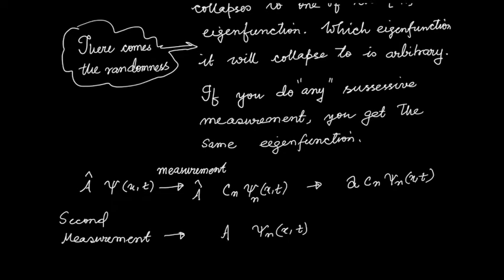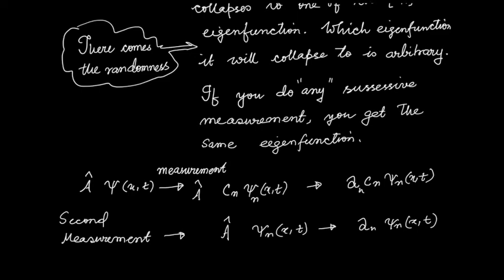So whenever I do further measurement, I will get back a_n. Okay, so this is something completely irreversible. This is very, very interesting.